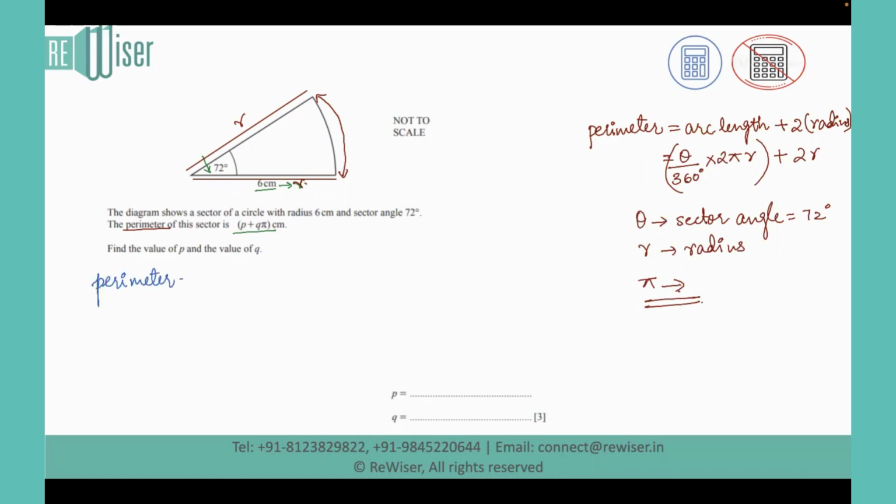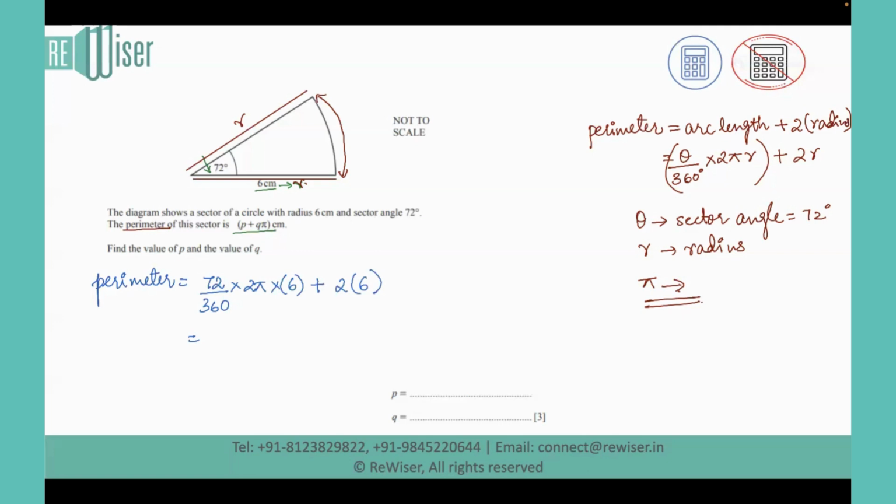Perimeter is equal to theta 72 divided by 360 times 2 pi times the radius, which is 6, plus 2 times the radius again, which is 6. Now let us solve the arc length of the sector first.